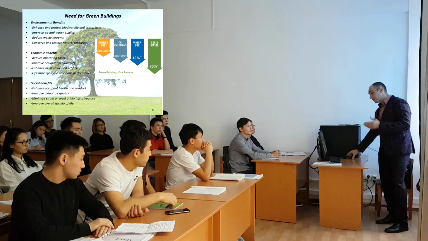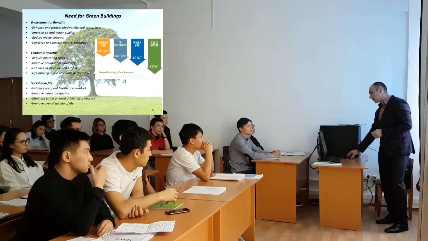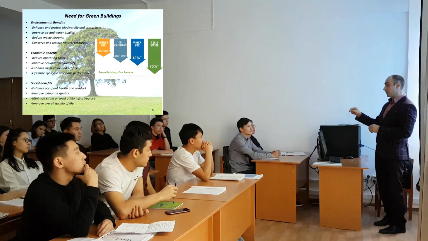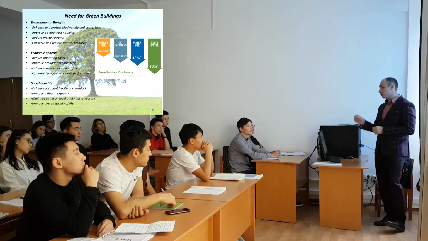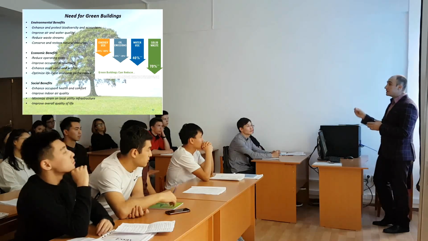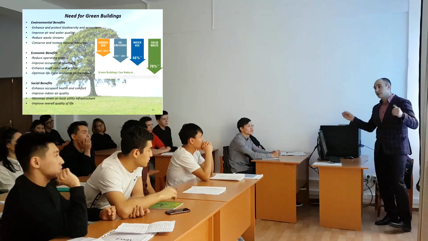Next, improve occupant productivity, enhance asset value and profits, optimize life cycle economic performance. Very interesting topic. Optimize life cycle economical performance, because the materials which we apply during design have an ordinary life cycle.